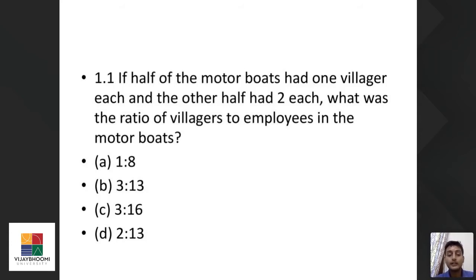In all the ratios that you can take out of 64, even if it was 3 villagers going in a boat and any number of boats, if you know the total and the ratios are given, there's only one ratio that divides the whole number, that's 64. So in any case, the other 4 options cannot be the answer because none of them divides 64. It's only 3:13, where adding 3 and 13 gives you 16, which divides 64.